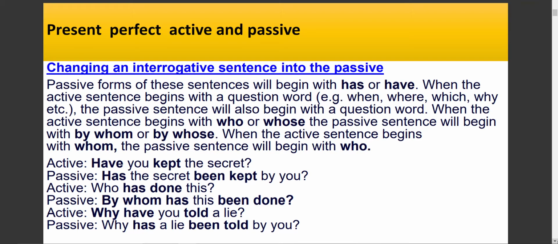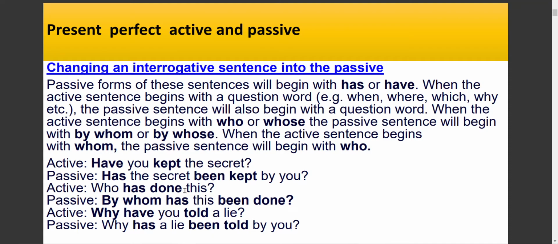Active: Have you kept the secret? Passive: طبعا have you kept the secret هاي مبني المعلوم. الجملة المبنية للمجهول: Has the secret been kept by you? Right. فإذا هنا عندنا تحولت الهاز في البداية صارت هاي أيضا تحول السؤال. Right. بعدين والتصريف الثالث للفعل.